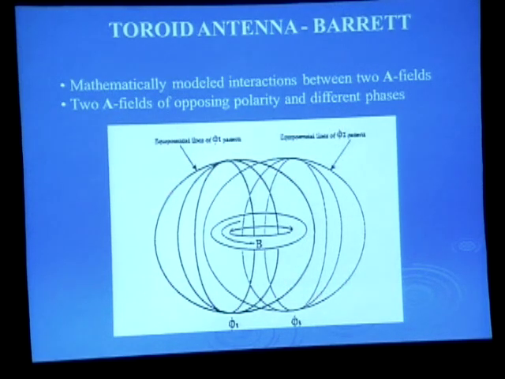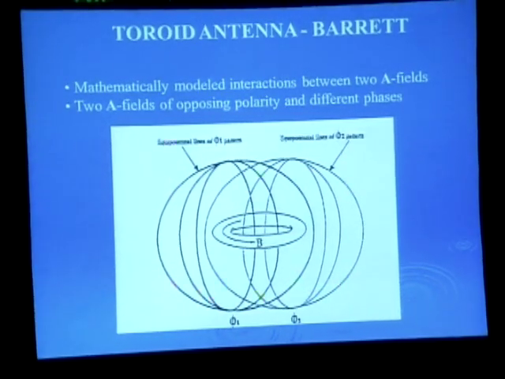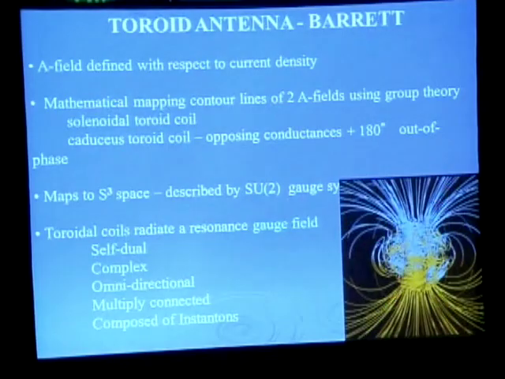In this particular case, the fields are mapped in terms of the two A fields, which interact with each other, which makes it a little more complicated. And here are the shapes of the fields.